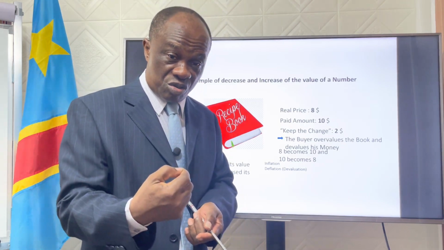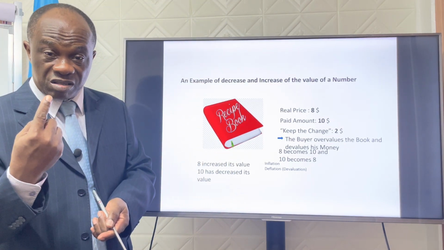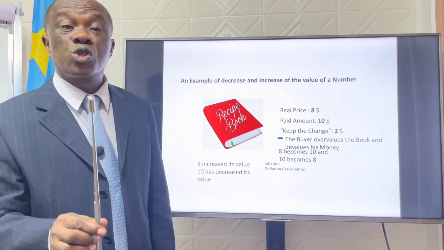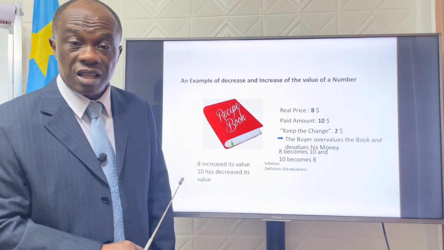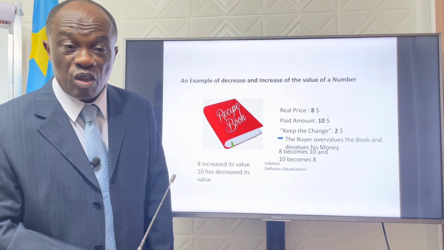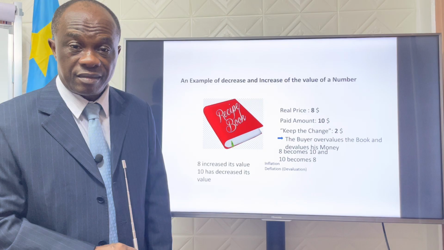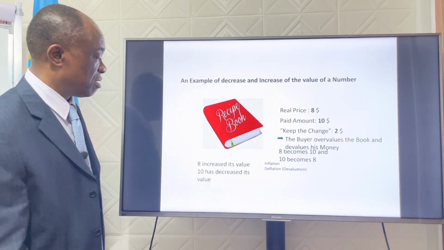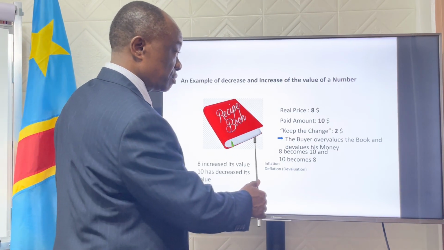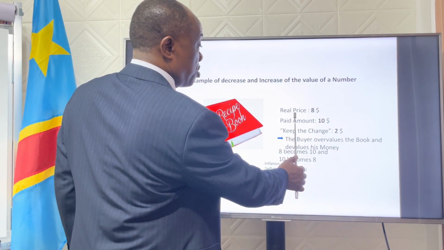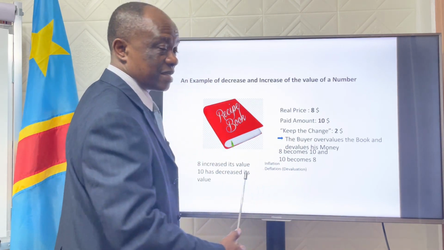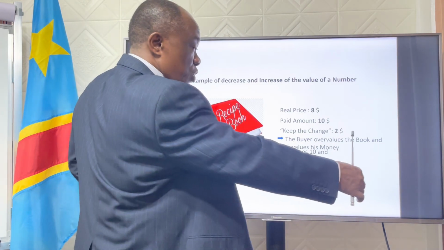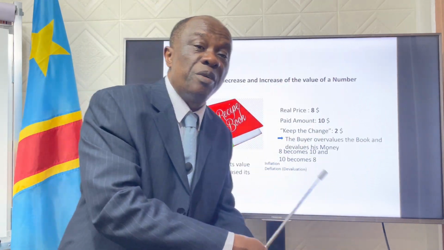Normally, he must return $2 to you. But you say, keep the change. When you do so, you know what happens? You create inflation. Inflation, it means what? Here, that you increase the price of the book and you reduce the value, you devalue the money.